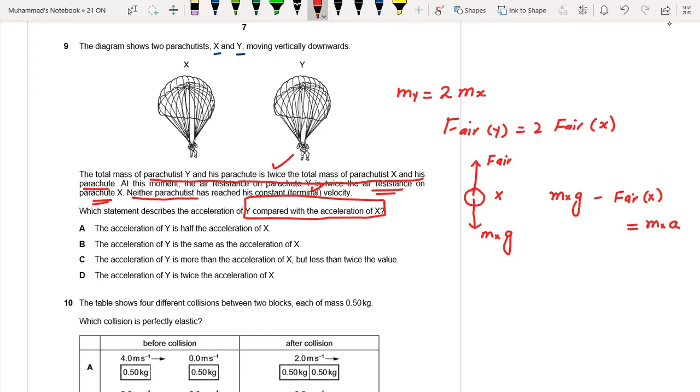Okay, so this is for parachutist X, and you know that parachutist Y has twice mass and twice air resistance.